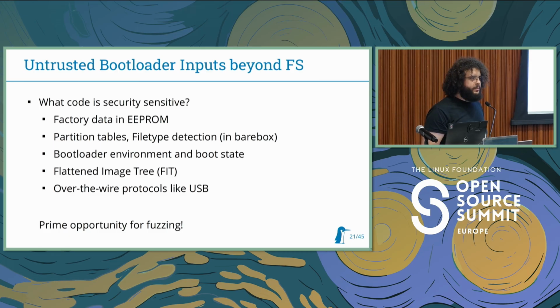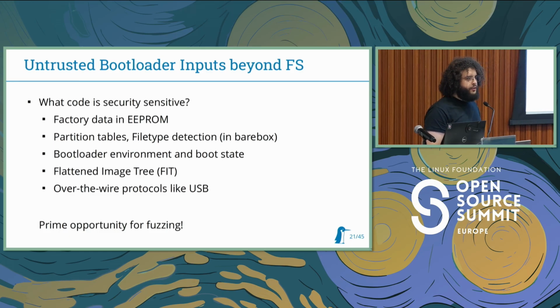You have partition tables. Usually you don't put your FIT image just raw anywhere, but you make a GPT partition table. You have, of course, the boot state in the barebox case, or the bootloader environment in the U-Boot case. You have flattened image trees, which is the preferred container format for signed kernel images, at least with U-Boot and barebox.